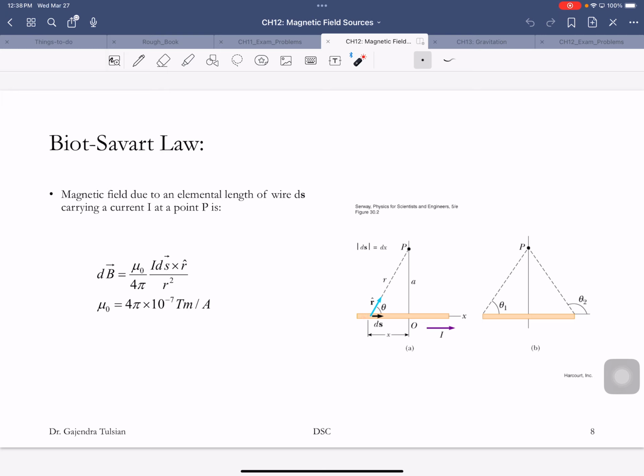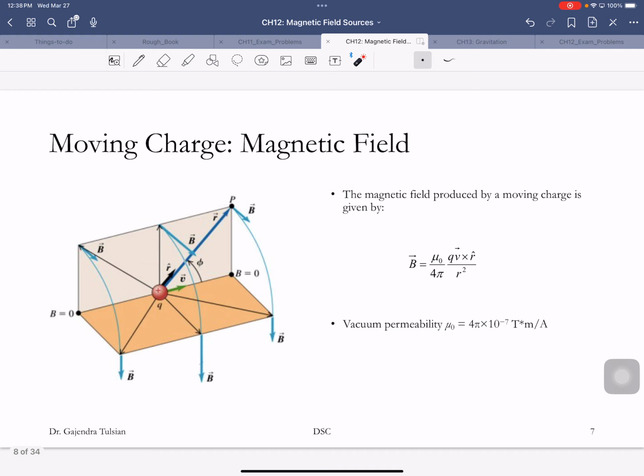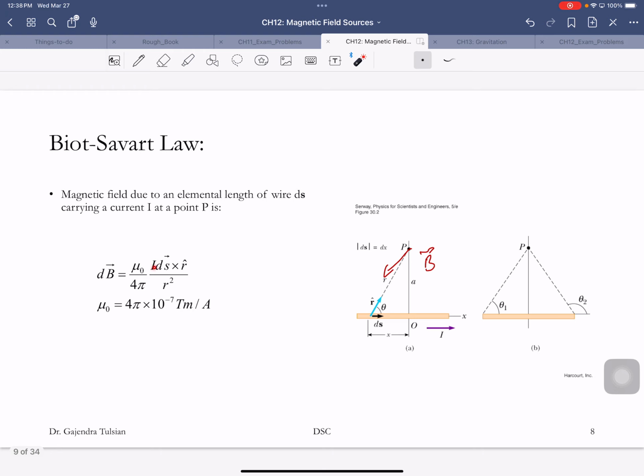And the field at this location would point like that. And that field is given by exactly the same expression, except that QV got replaced by I ds. I is the current in the wire, and ds is the small element of wire that's producing that magnetic field.